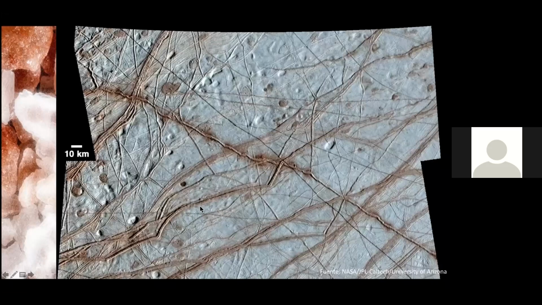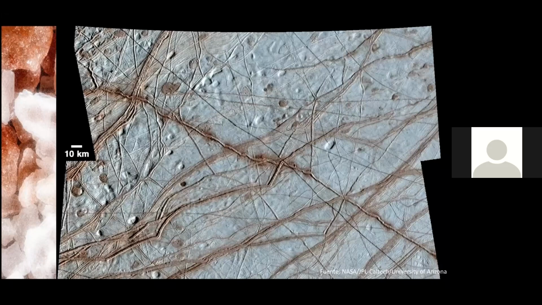Related to the endogenic features, there are some others like these red spots associated with this fracture that has been suggested to be cryoclastic deposits formed by explosive eruptions.